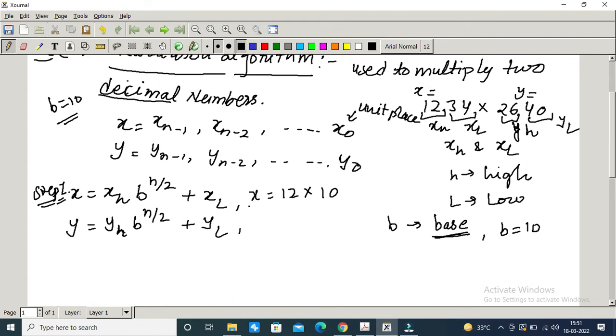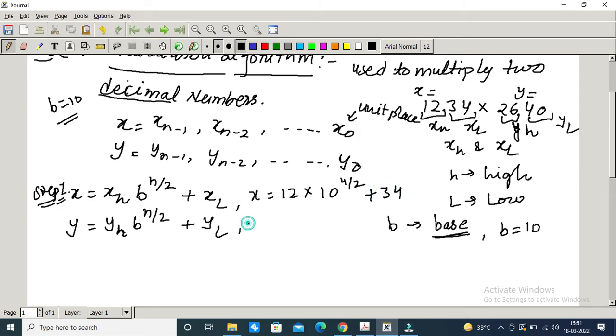N is the total number of digits. So the total number of digits is 4, so n is 4, and we will write x as xh into 10 raised to power n by 2, n is 4 by 2, plus xl, which is 34.